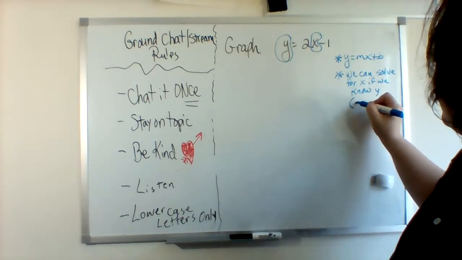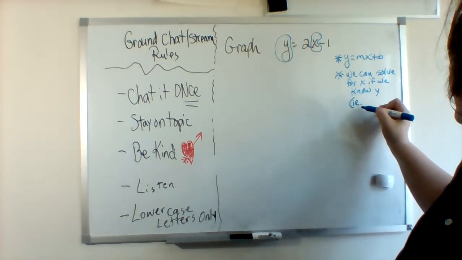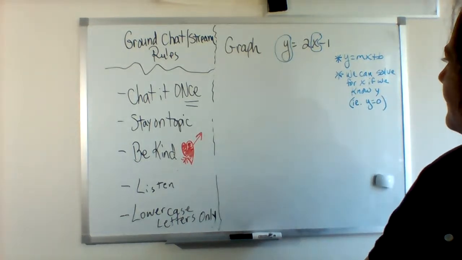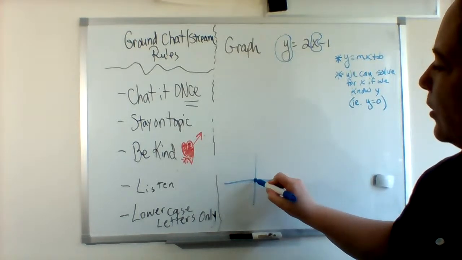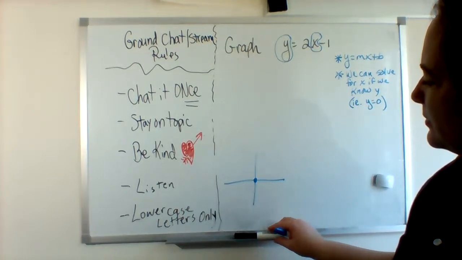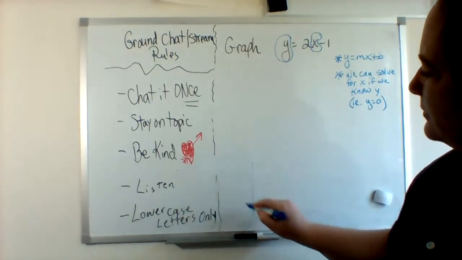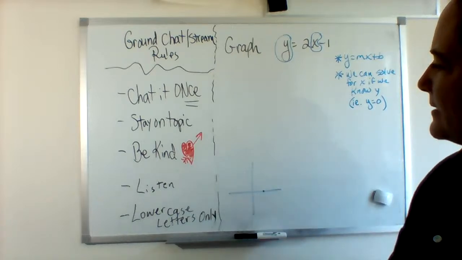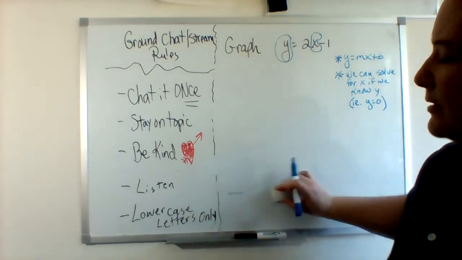So I could put here, for example, y equals 0, I could find my x. Now, if y is 0, an x-intercept is where it hits the x-axis. You go, girl.